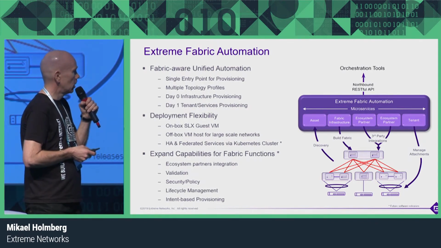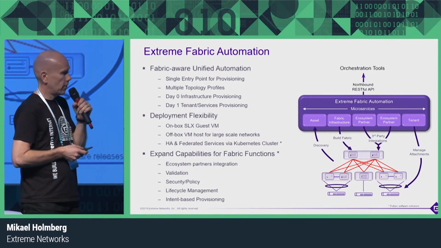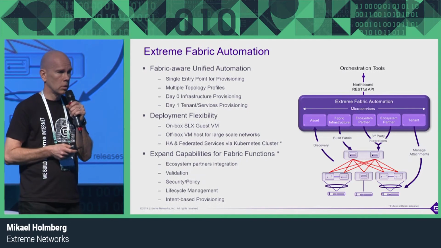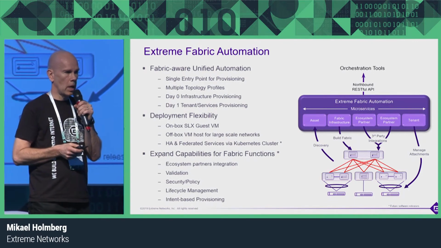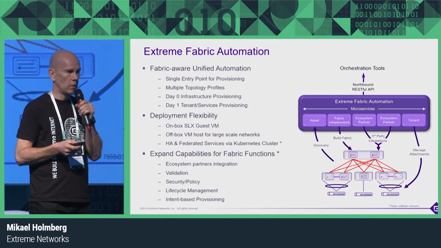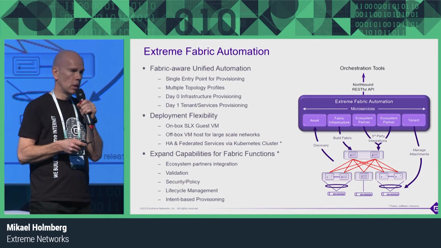In addition, you have an on-box or off-box kind of architecture around this one. What does that mean? It means that the on-box option resides on a VM, a TPVM, in the switch itself, which means that if I run such an automation application on my fabric itself, it's not going to add any compute overhead.